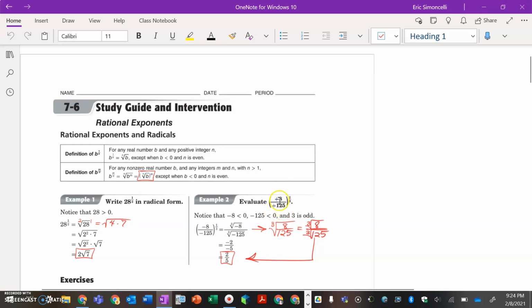Now, I ended up just simplifying it originally as such, although as you can see here they denoted that -8 and -125 are less than 0 each, and because your index, which ends up being 3 because of the denominator of your exponent, indicates of course a cube root, and because it's odd, we are able to individually cube root the numerator, and separately the denominator. In the numerator, the cube root of -8 you can rewrite as follows, as you can also with this denominator, the cube root of -125 as follows.